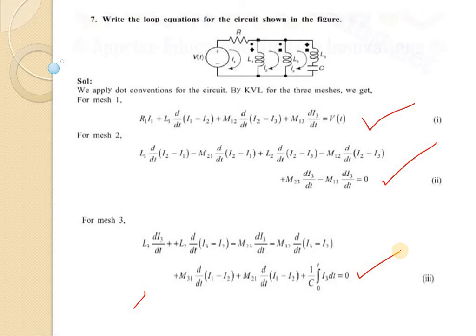For the second loop, it will be for M21 and M23, and also M12 and M13. For the third loop, it will be M23, M12, M31, M21. These four terms will be there.